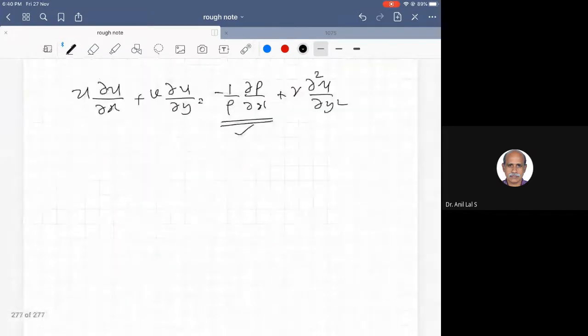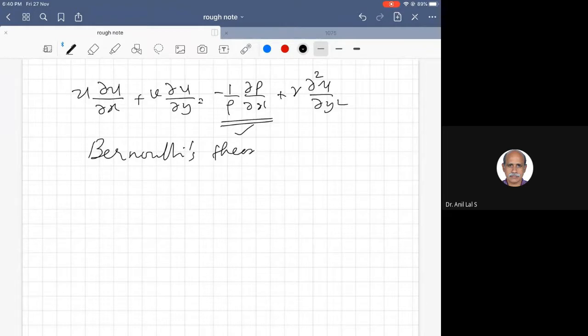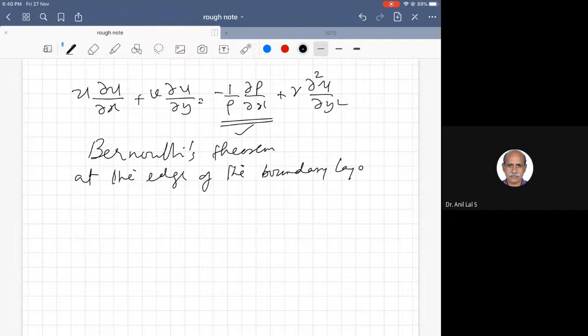Bernoulli's theorem at the edge of the boundary layer gives p plus half rho U squared, where U is the potential velocity at that x, is equal to constant.